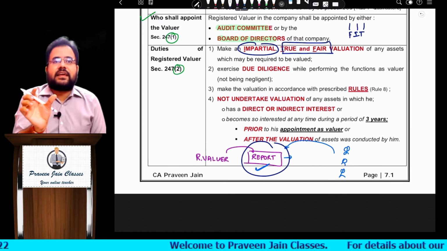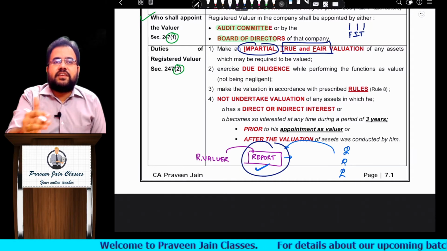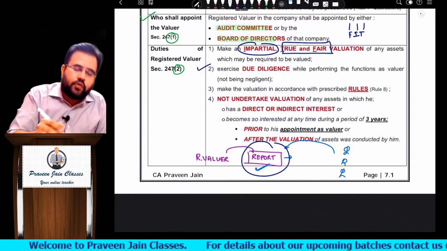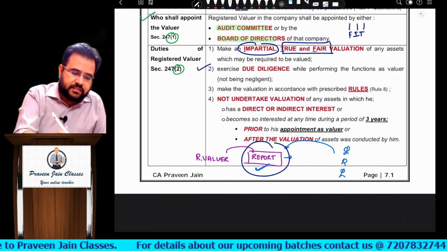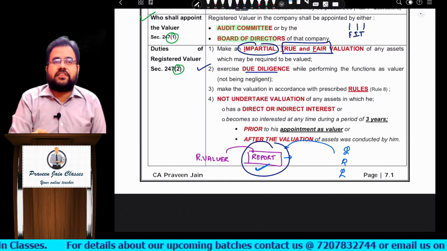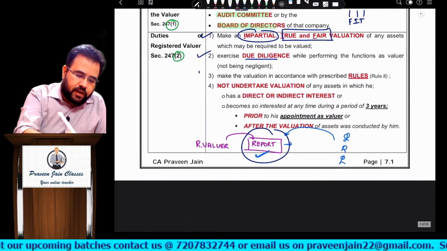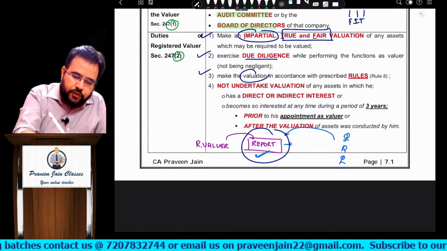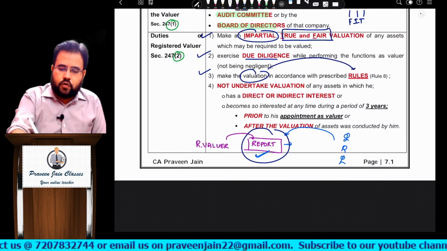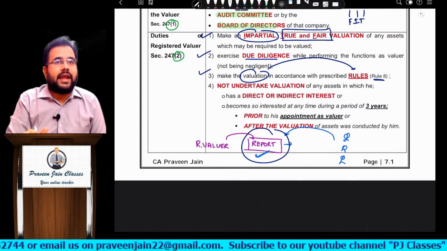Next, these are the keywords, hence ensure that these keywords you write as it is, sir. We don't want this person to be negligent. That's the reason we are using a word due diligence, satarkata, है ना? So he should be always on the toes. Next wala, sir, we want him to do valuation as per the rules. Now rules are given in rule number 8, sir.